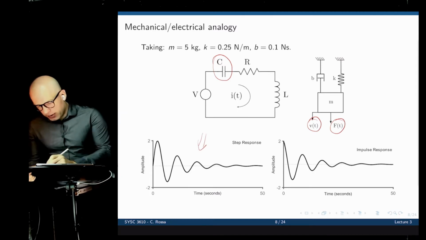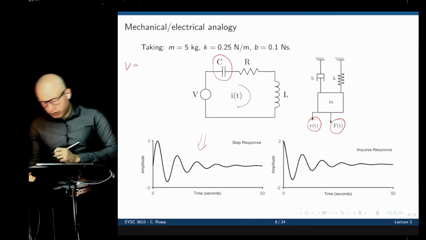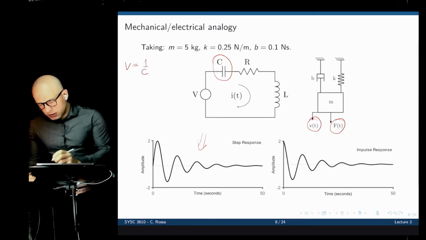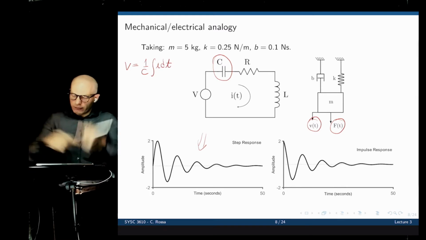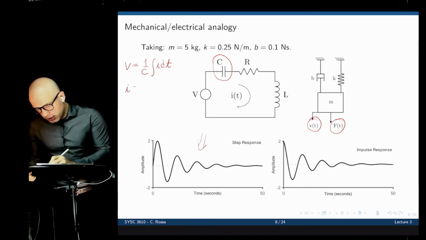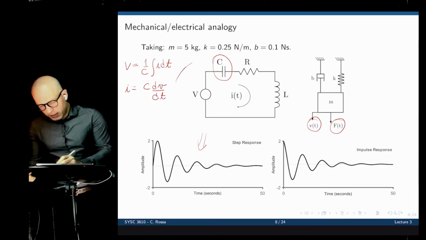We can see that by establishing the voltage equation again, 1/C integral of I dt. If we reverse this equation, I equals C times dV/dt in the capacitor.